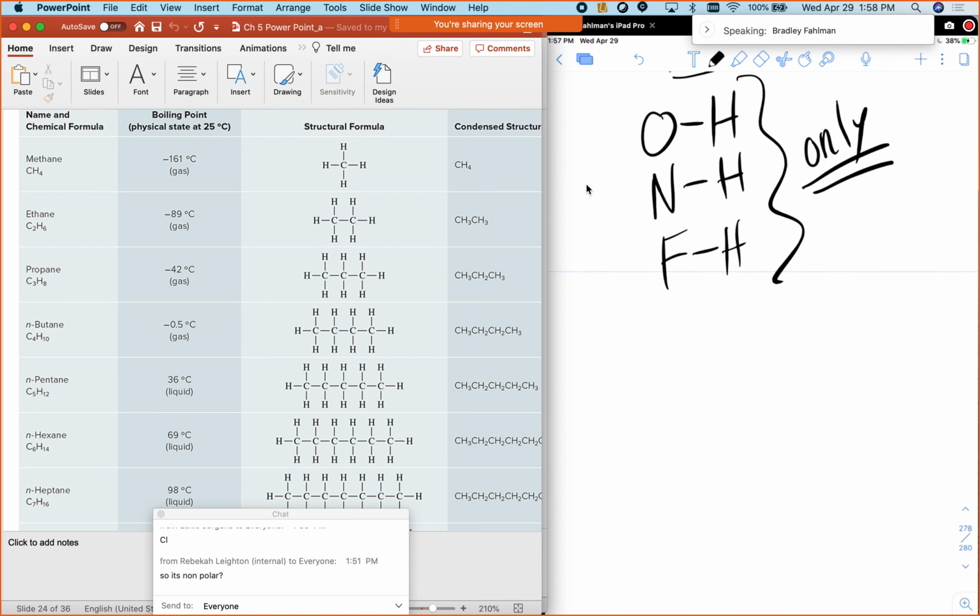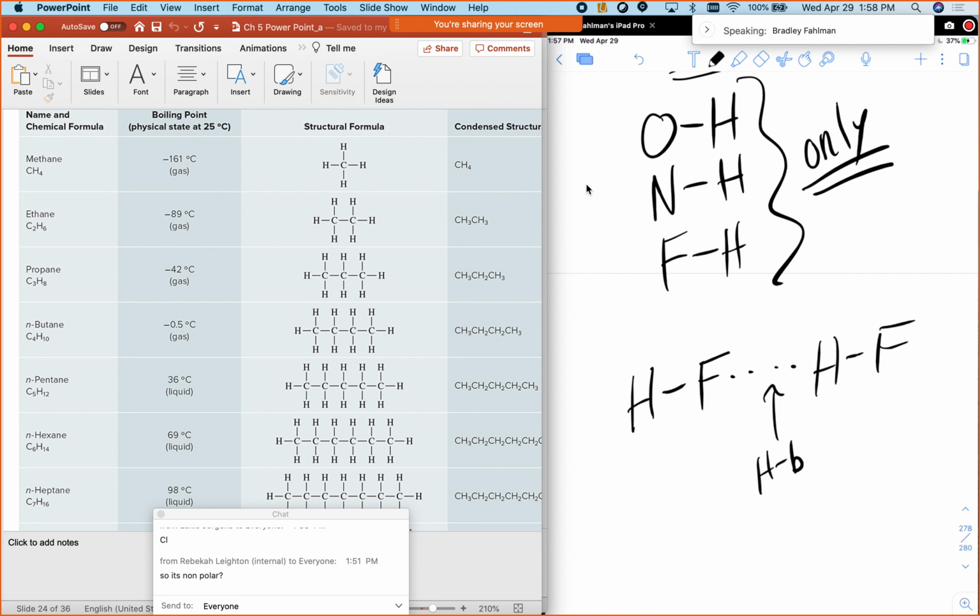So for instance, this would be a hydrogen bond. This, did I do that? Whoops, I did that totally wrong. Should be the H. Whoops, Cl.